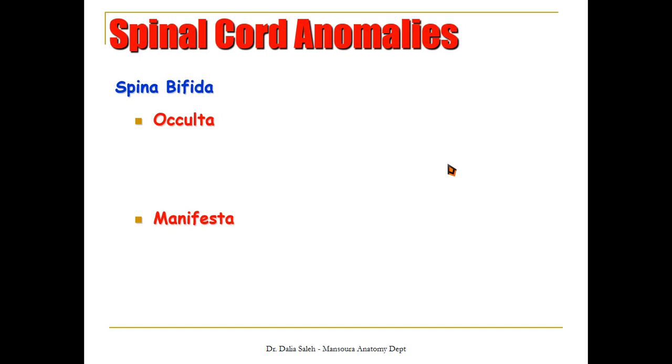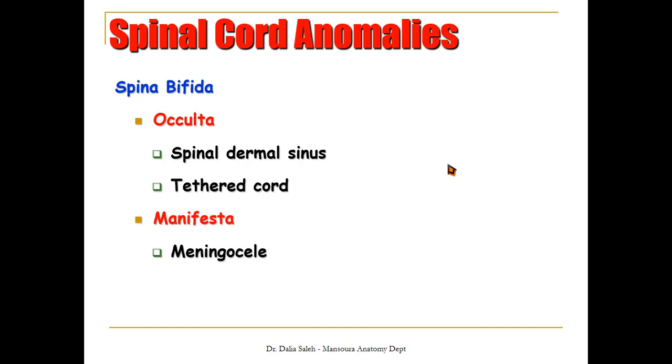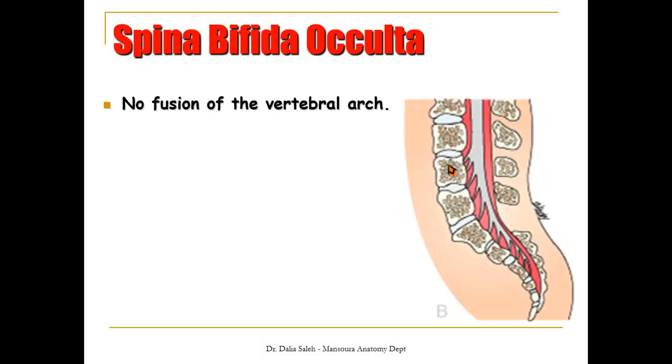Spina bifida occulta is presented by 2 types, either a spinal dermal sinus or a tethered cord. While in spina bifida manifesta, we have many types: the meningocele, meningomyelocele, and myeloschisis.